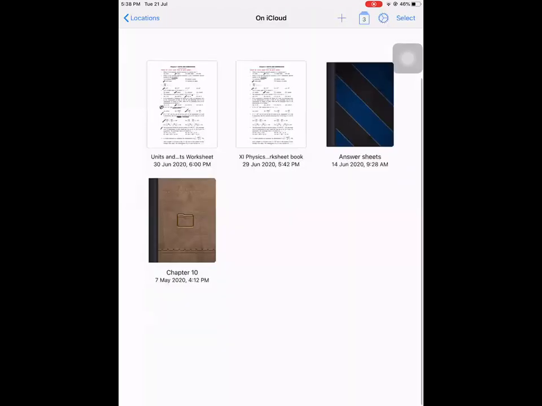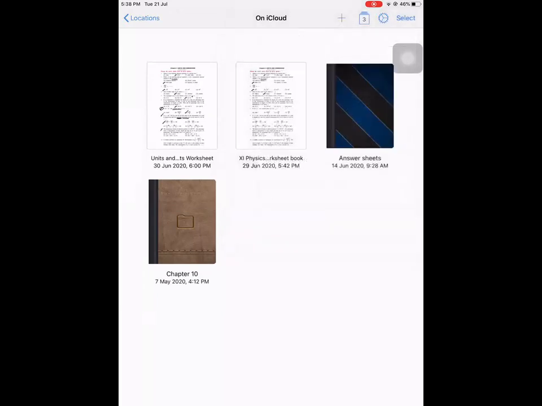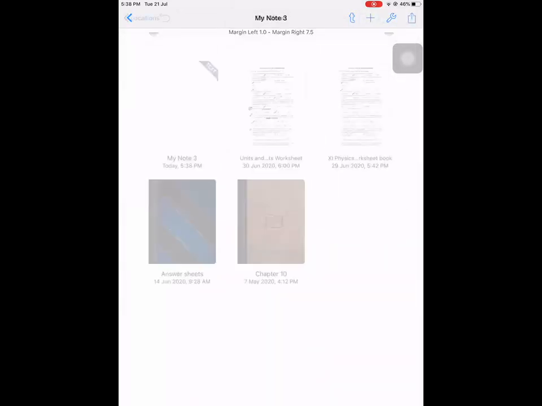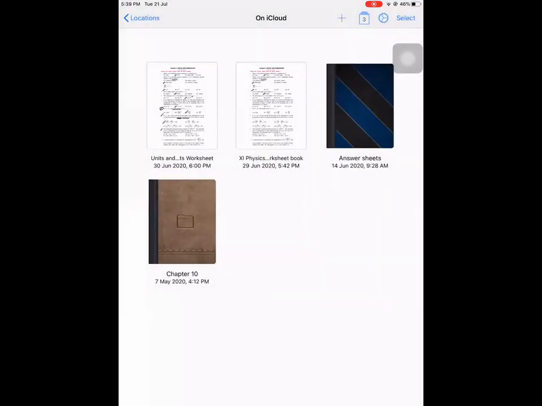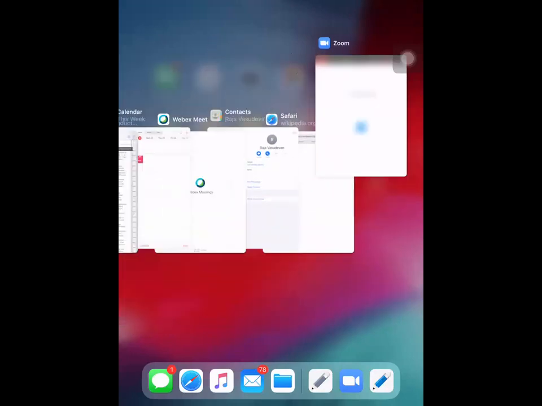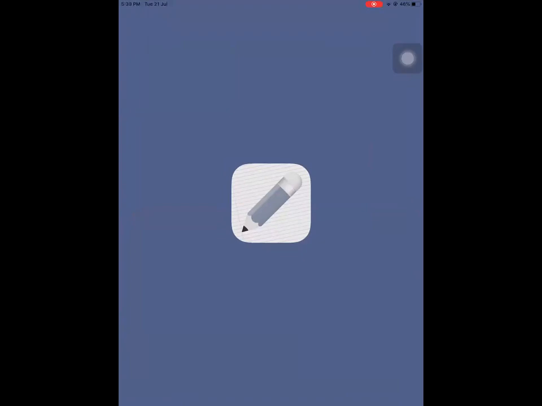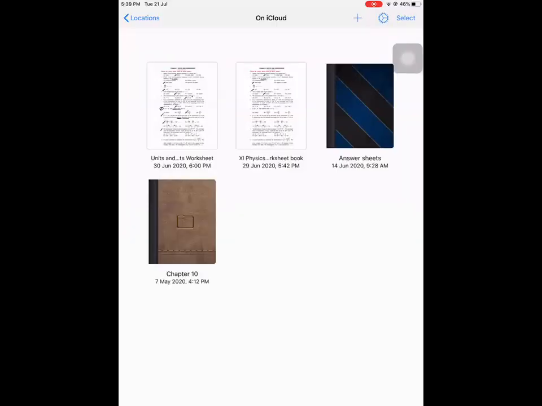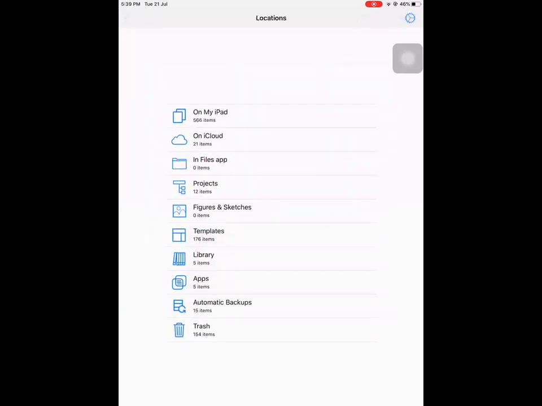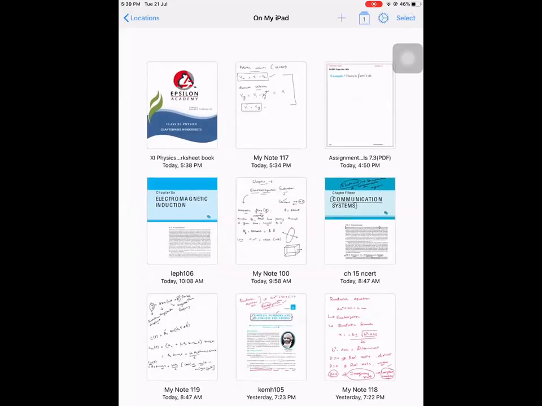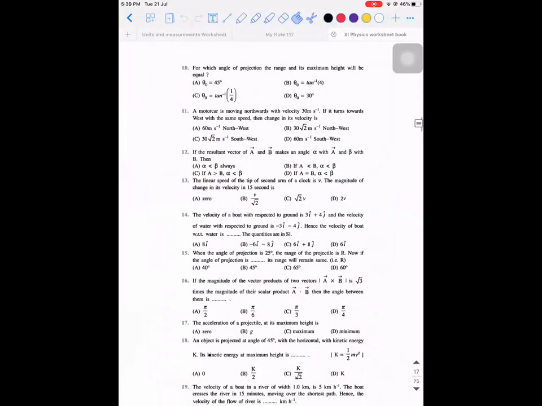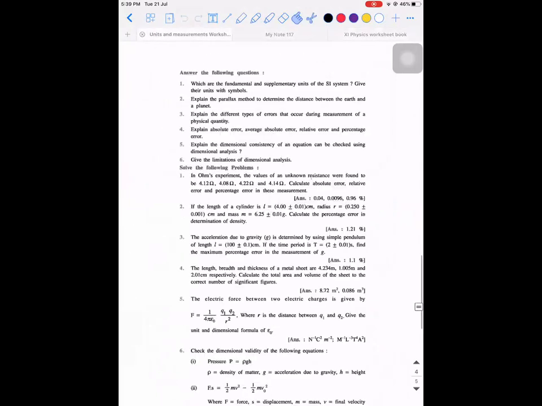So the answer. So what is the answer? Tan inverse 4.